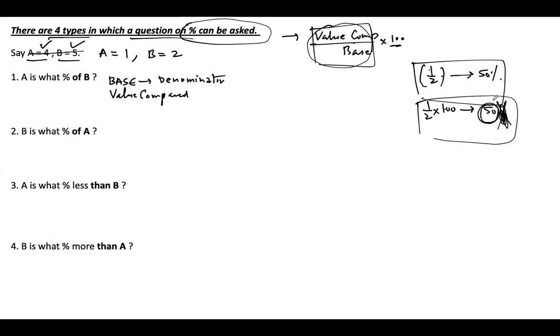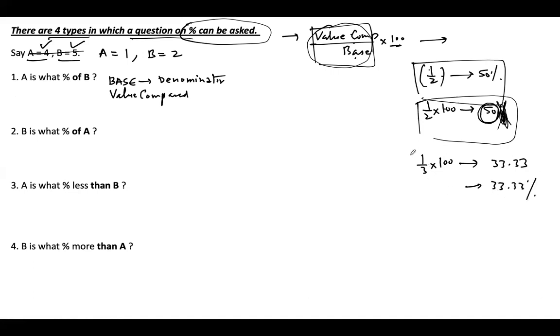But we usually multiply by 100 to derive the percentage, no? So shouldn't we be writing a percentage? No. If you're saying 1 by 3 into 100, is it 33.33 or 33.33%?